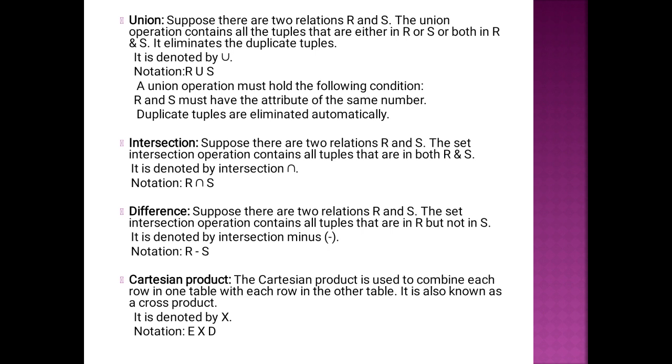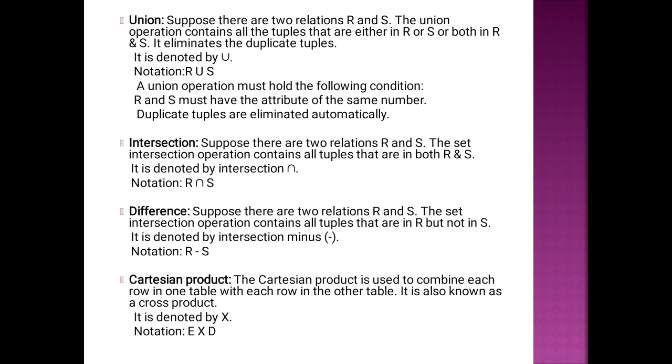You will get 1, 2, 3, 4 and 5. You can see that the unique values from table 1 and table 2 are extracted by the union operator. At the same time, the common value is extracted only one time. So the union operation is clear to you, I think.